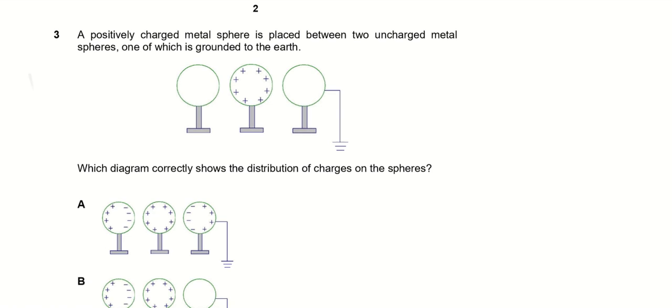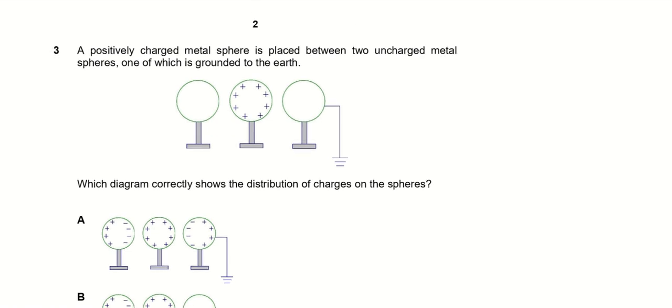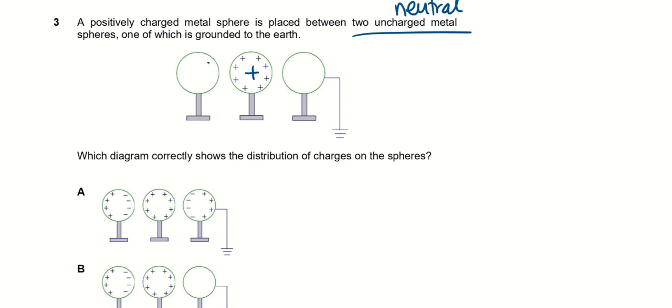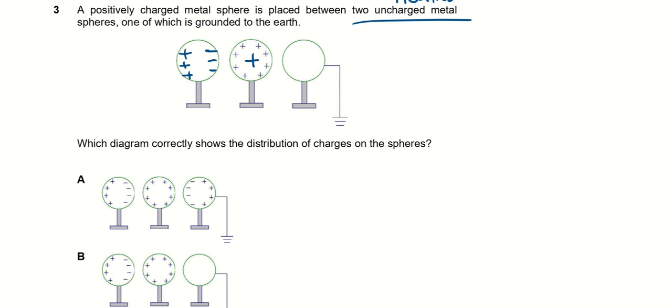For question 3, we have a positively charged metal sphere placed between 2 uncharged, which means neutral, spheres, and one of them is grounded to the earth. So when I put this positively charged metal sphere in between them, the electrons on the left hand side sphere will be attracted towards the right hand side, and it will stay like that.